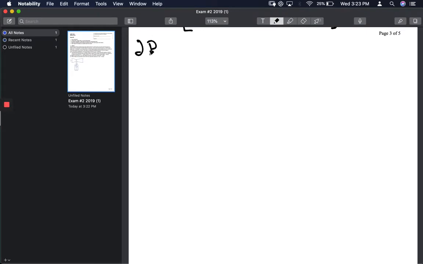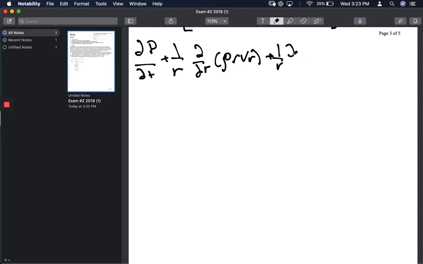So dρ/dt plus 1 over r d/dr times ρ r vr, plus 1 over r d/dθ times ρ vθ, plus d/dz times ρ vz is equal to 0.